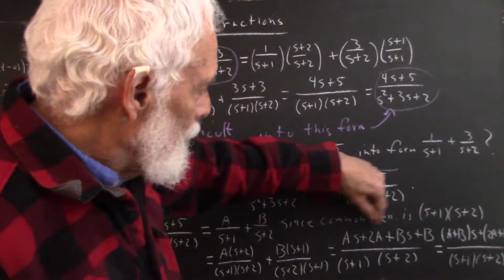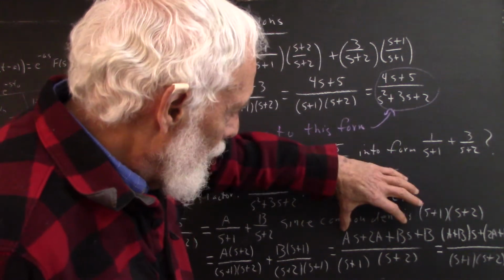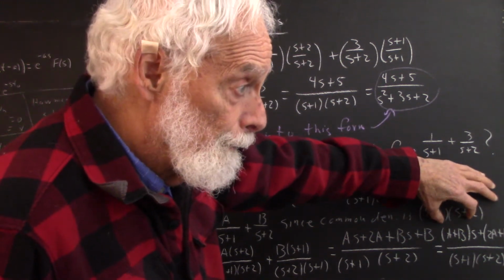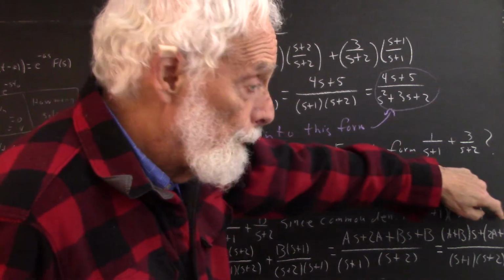Well, take the a and the b, the as and the bs, and factor out the s, and then we have the 2a and the b.